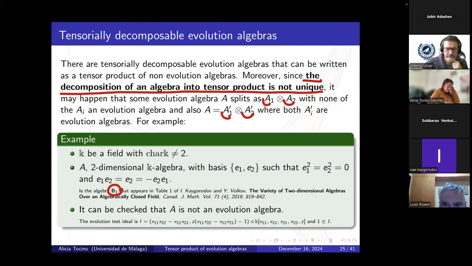This algebra is a two-dimensional algebra with basis E1, E2, where E1 squared is equal to E2 squared, which is equal to 0, and E1E2 is equal to E2 and is minus E2E1. It can be checked that A is not an evolution algebra. We have done it through the evolution test ideal.